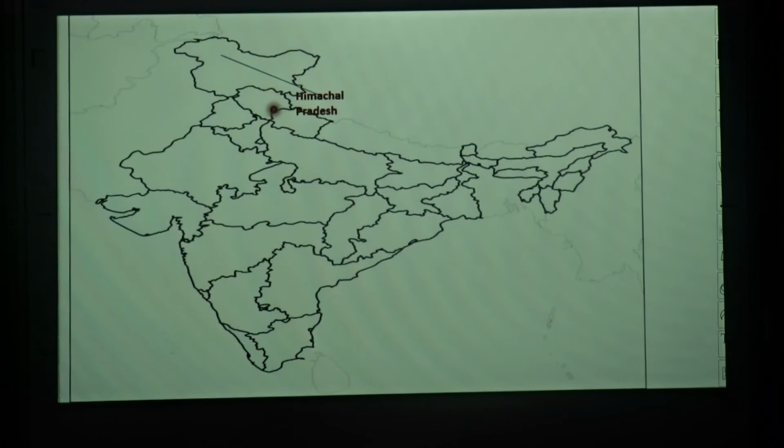It is a Himalayan region, and this area is considered as the Greater Himalayas. And here it is Arunachal Pradesh, which is a Himalayan region.